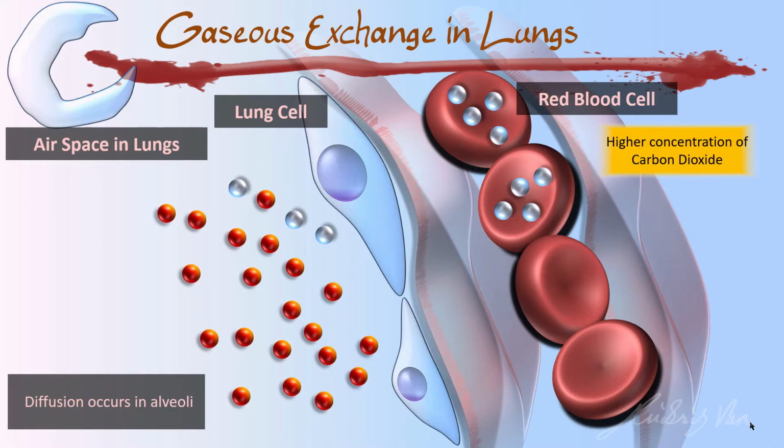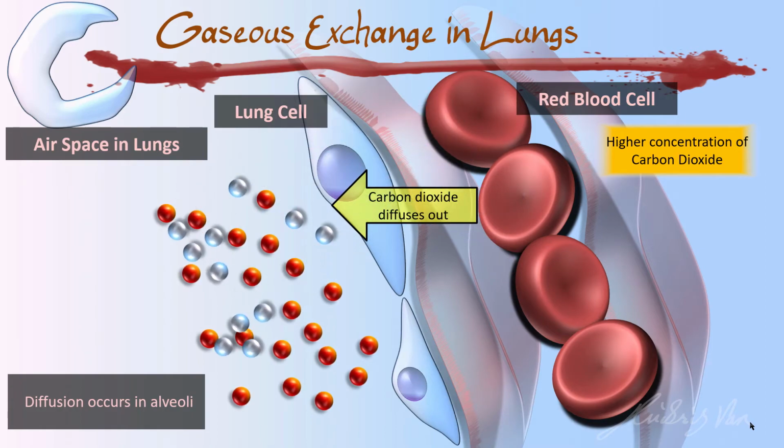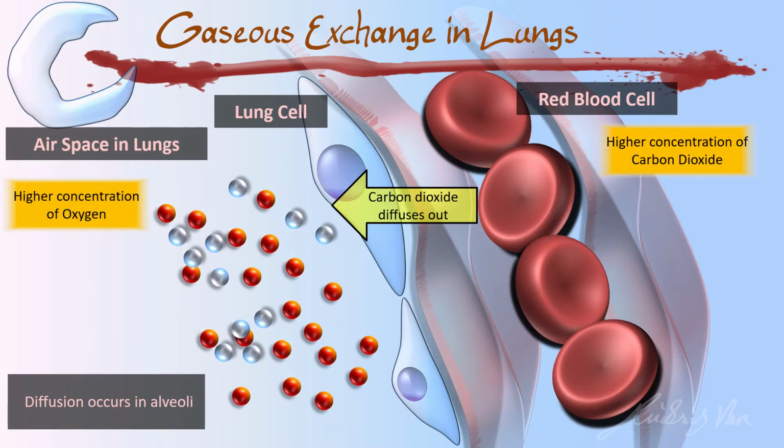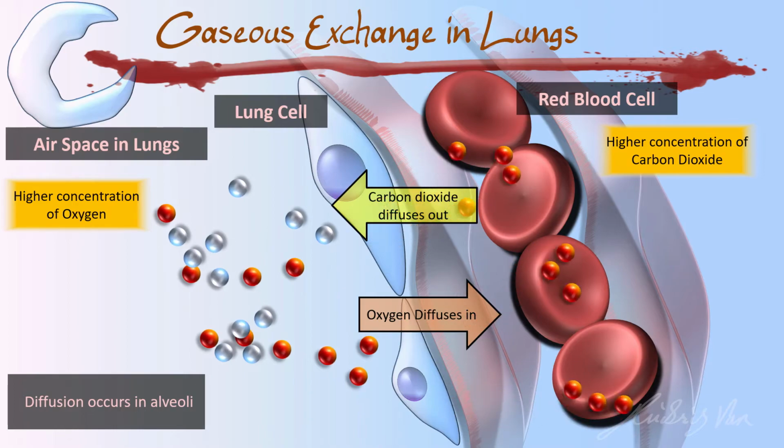The carbon dioxide will diffuse out into the air space inside our lung, while the air space in our lung has a higher concentration of oxygen because we just breathe in fresh air, and the higher concentration of oxygen will diffuse down a concentration gradient into the red blood cell. So this is an example of diffusion which occurs inside our lung.